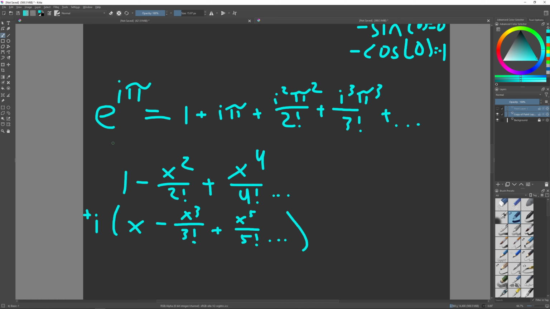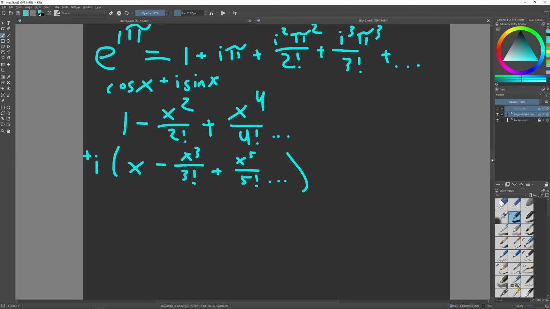So this is cosine theta. Oh, actually, it's cosine of x here plus I sine of x. Okay.